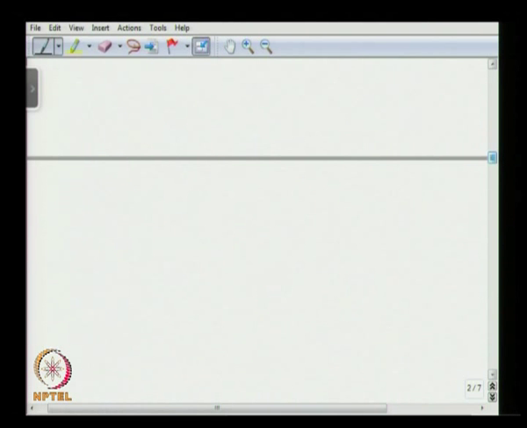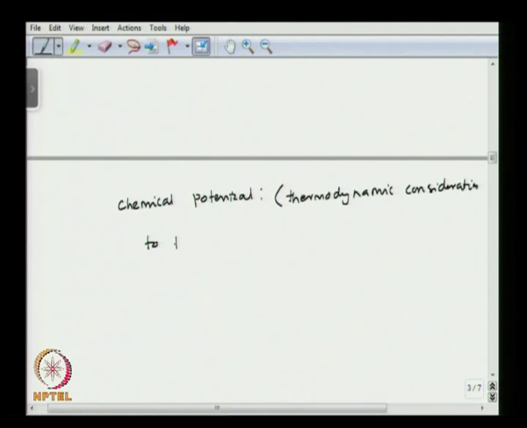So we can define the chemical potential for thermodynamic consideration to treat charges or ions as an ideal gas.